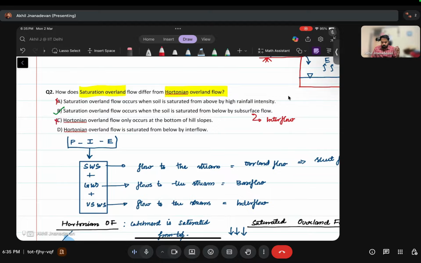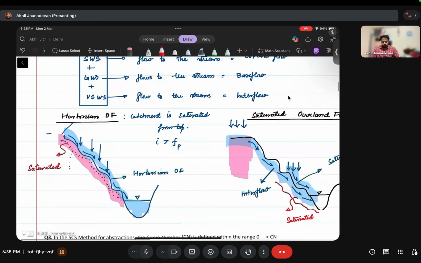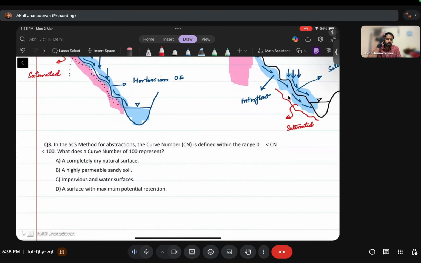Hortonian overland flow is saturated from below by interflow. That is also wrong, right? So the correct answer is saturation overland flow occurs when the soil is saturated from below by the subsurface flow. Okay, so now the two types of overland flow, saturated overland flow and Hortonian overland flow, are clear to you.